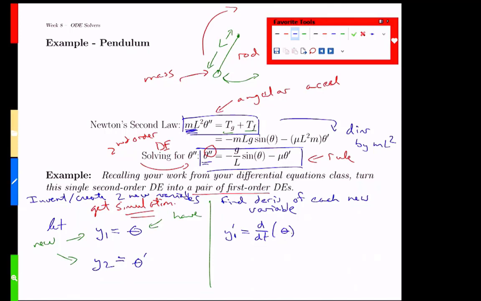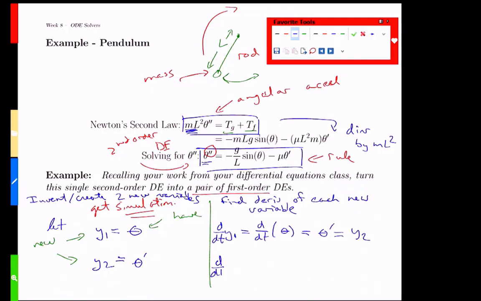They're the same thing. Let's actually write it that way. So the derivative with respect to time of y1 is equal to the derivative with respect to time of theta, because they're the same thing, just different labels. That's going to be theta prime. But if I want to write everything in my new variables, what would that equal altogether? y2. Yeah, that's handy.